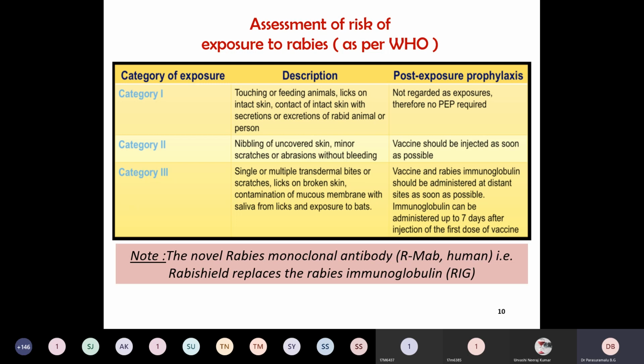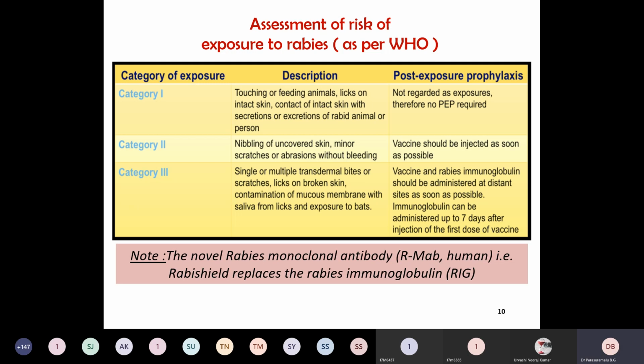The islands of Andaman and Lakshadweep are historically free from rabies. It is surprising to know that Lakshadweep is even free from dogs. An estimated 17.4 million animal bites occur in India, and about 5 million rabies post-exposure prophylaxis courses are administered annually in India.